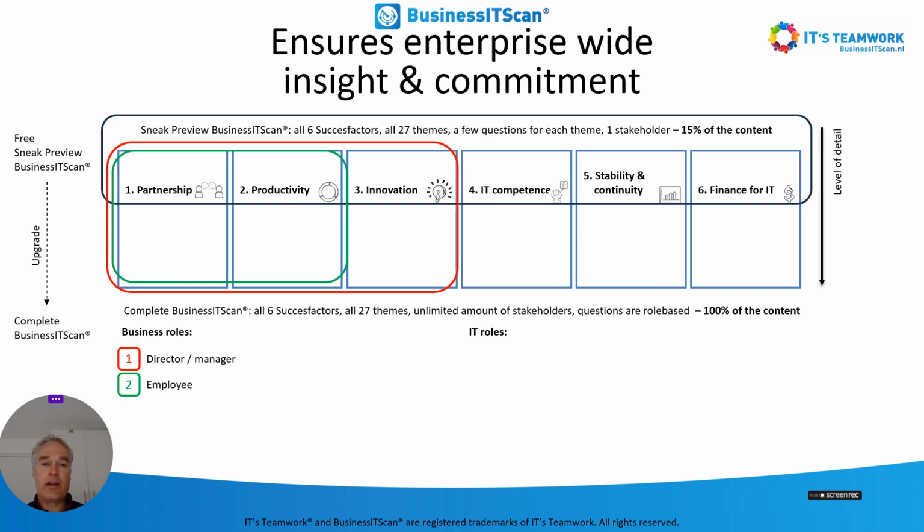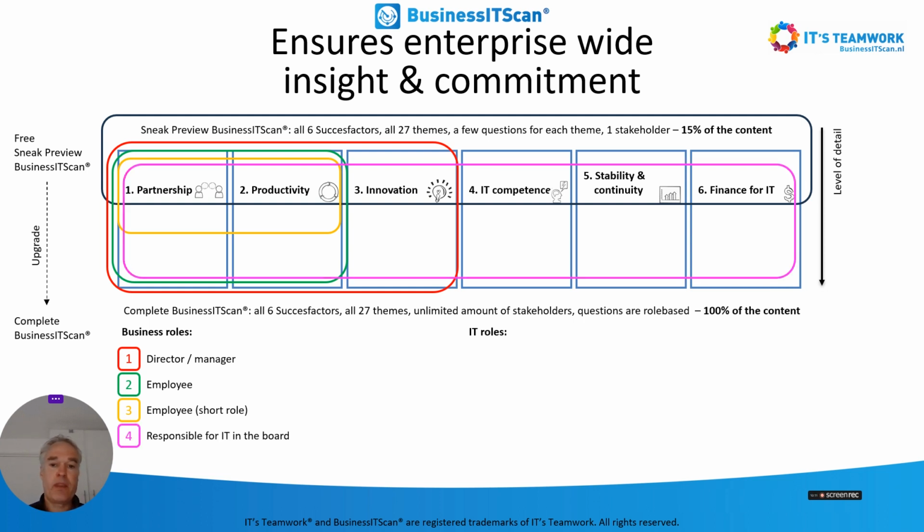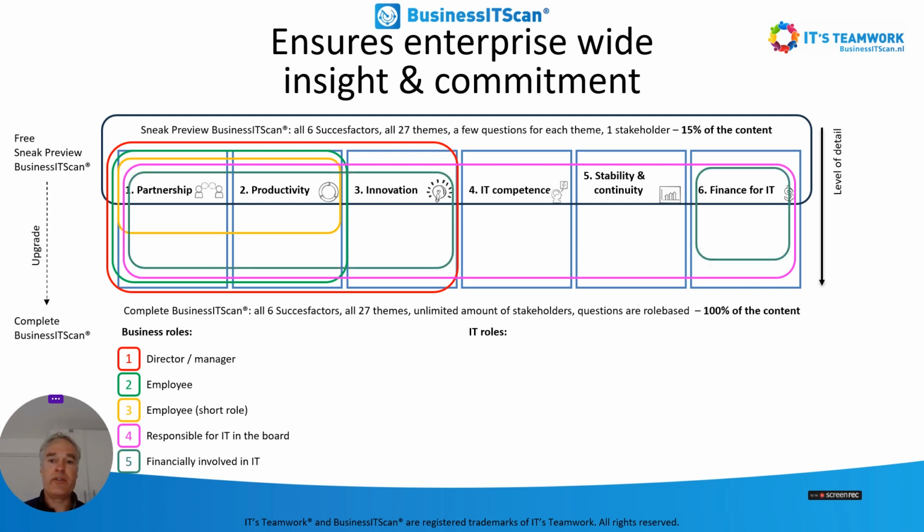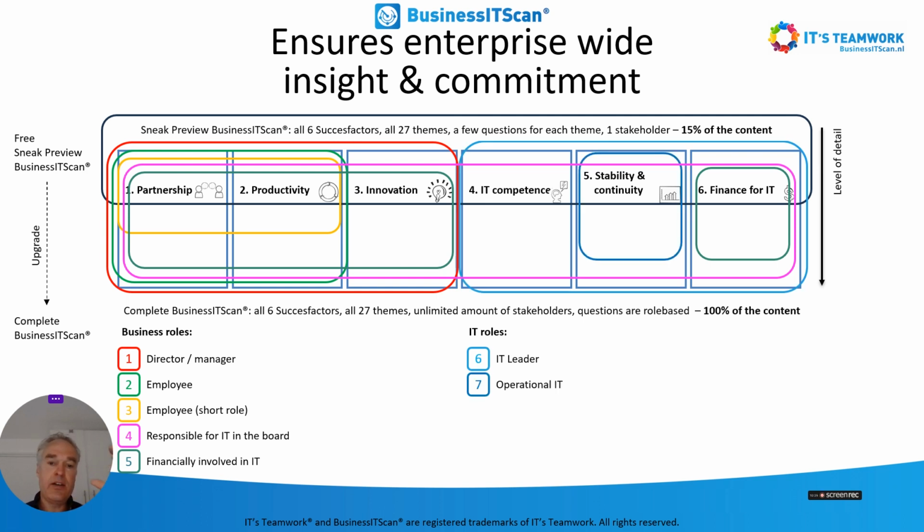Then an employee, he will get a subset of those questions, and we also offer a short role for a kind of operational employee, and he just gets a subset from that. Then we have a role for the director who is responsible for IT in the board, and we have in many organizations a colleague who is involved in the financial part of IT. Then we have 2 IT roles, that's one for the IT leader and one for the colleague who is active in operational IT.